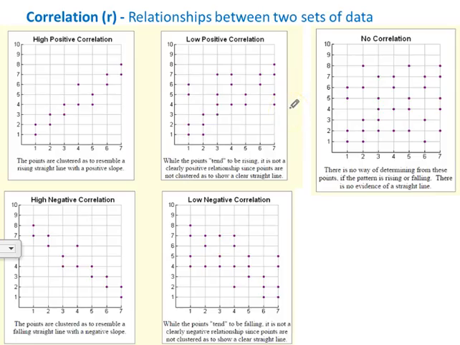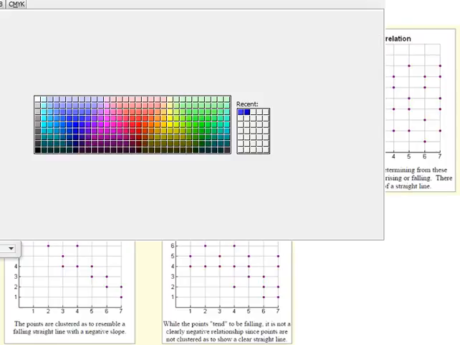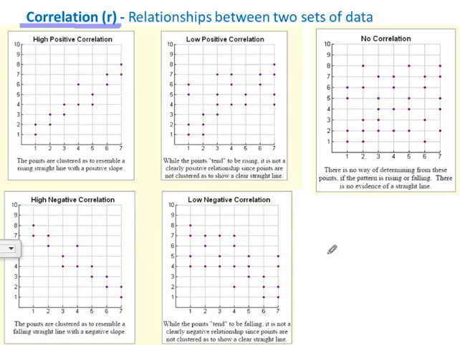So correlation, which in math we represent with R. When you see an R equals, and you're given a number, that is referring to correlation. So write that down in your math notebook right now. The correlation is represented by R, and it's the relationship between the two sets of data. So let's look at the different types of correlation that we can have.